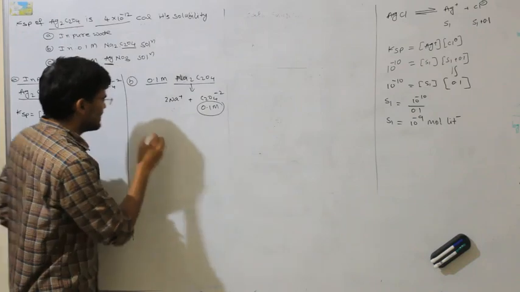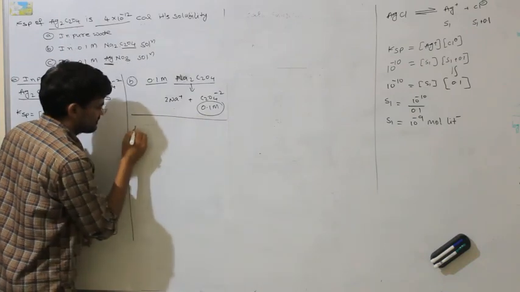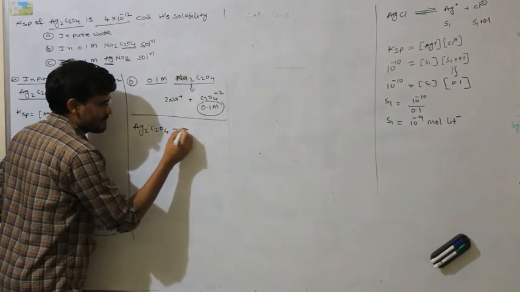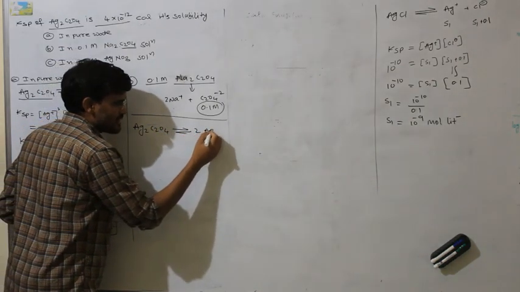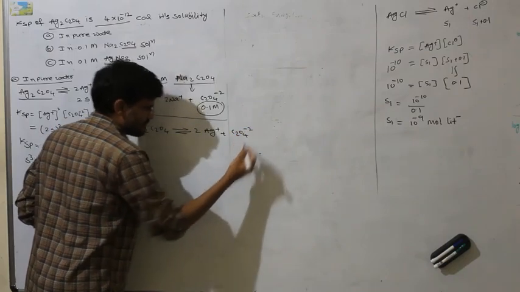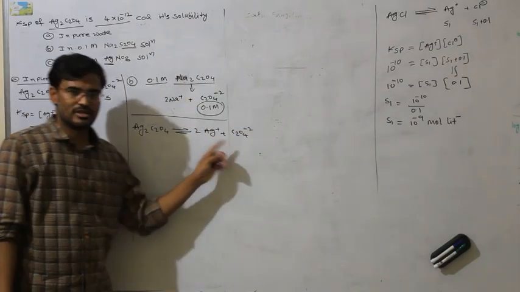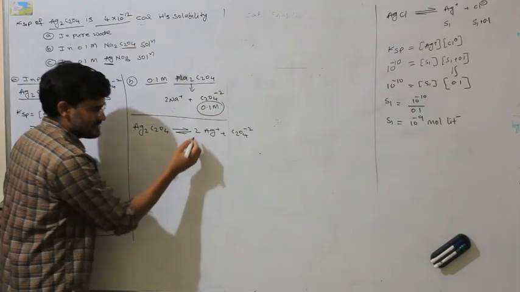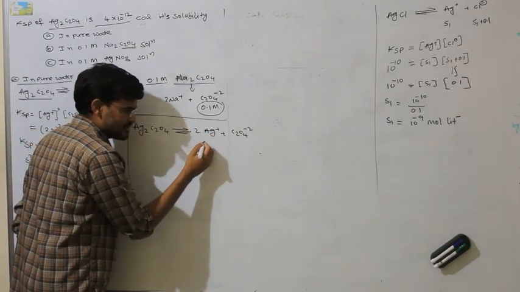So when you are adding silver oxalate, it splits into 2 Ag plus and oxalate minus 2. So what is its solubility, we are not sure. So I will take its solubility as S1. Since it is forming 2 moles of Ag plus, so it is 2S1.